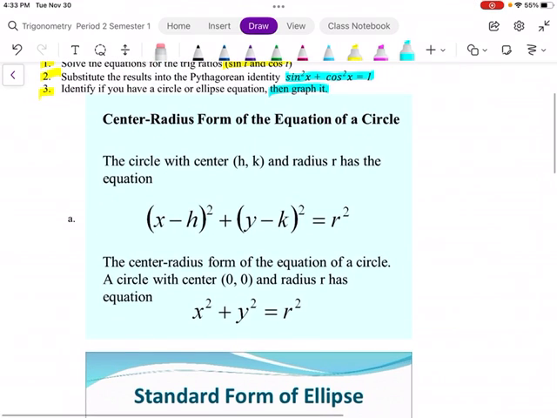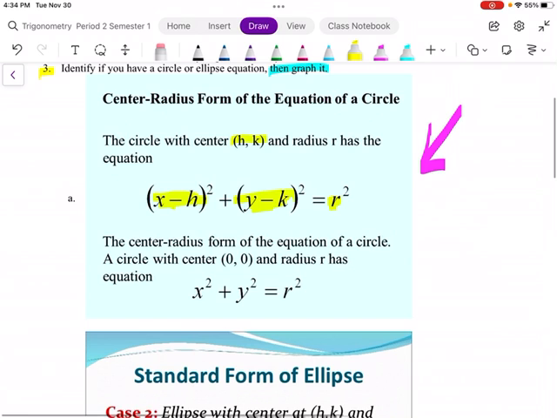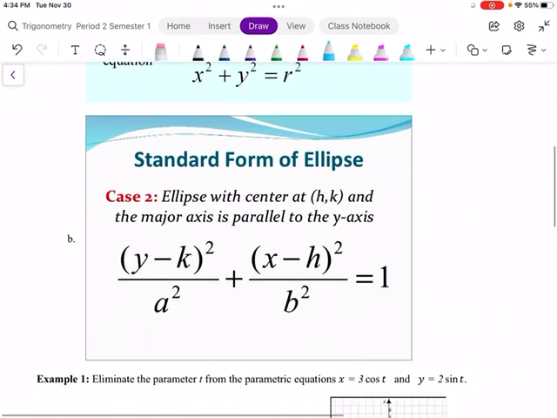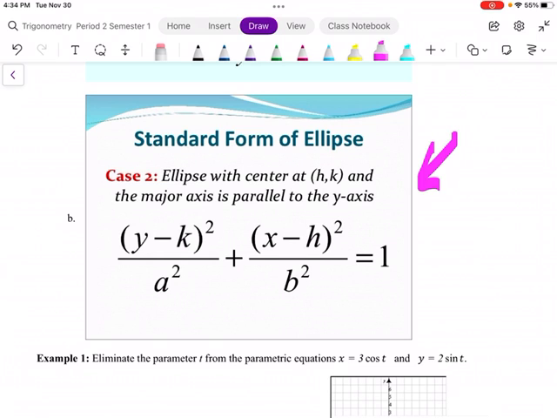So if we have a circle equation, that is when you are going to have two sets of parentheses squared equal to r squared. And remember, the center is at h and k, and the radius is just the square root of what it is set equal to. If we have an ellipse, the major axis is going to be our a value, which is going to be the greater denominator.